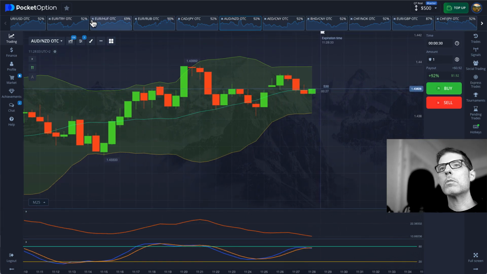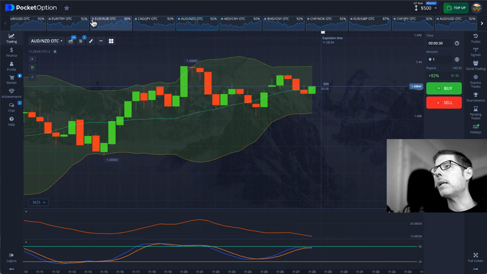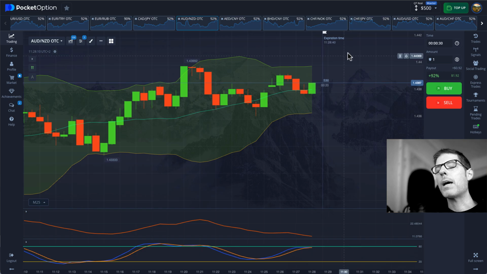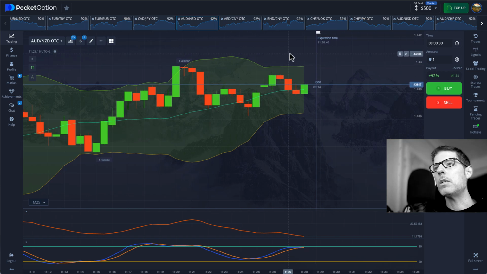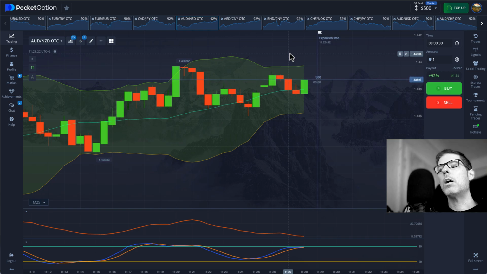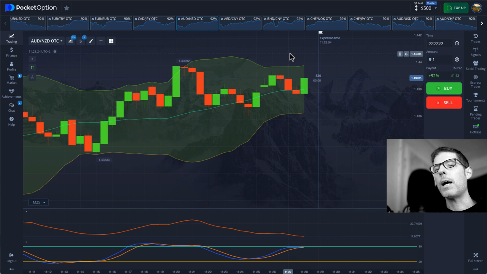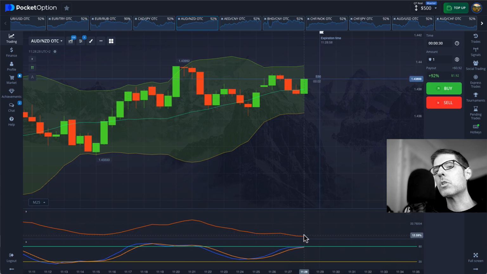And I'm going to remove some of these assets that are paying out lower than 90%, because we want to make sure we get the best bang for our buck and we have the highest return on our investment as much as possible. One thing that you can do is when you're browsing through and you're looking for a chart that has a proper setup, really all you need to do is just keep an eye on the ADX indicator, which is down here at the bottom of the chart.